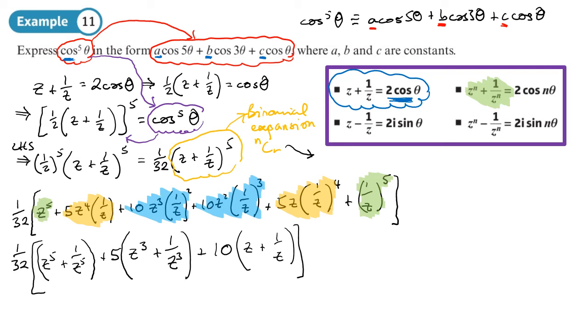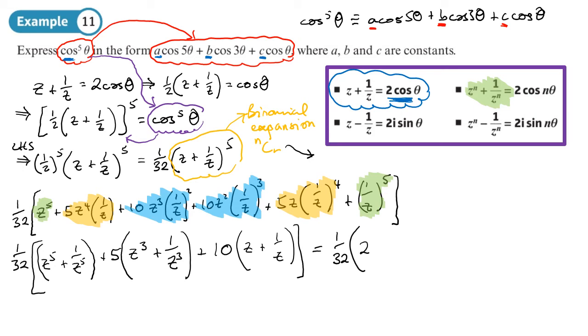Right, now we can use this identity to simplify. So I've got, remember the 1 over 32 from the start? This first term here is going to become 2 cos 5 theta. Look at that, compare it to this.